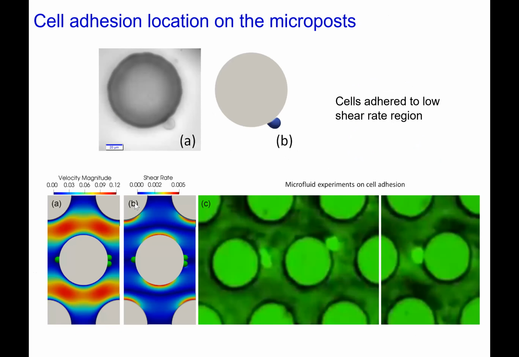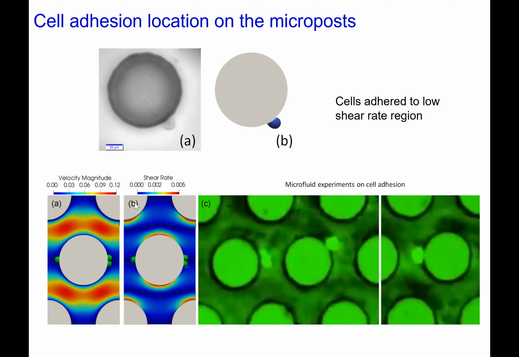As you can tell, most cells tend to stick to the low shear region, either in the front of the micropost or at the rear end of the micropost. The same behavior is also confirmed by the microfluidic experiment as shown on the right. In the two white figures, the green ones are the cancer cells or cancer cell clusters.